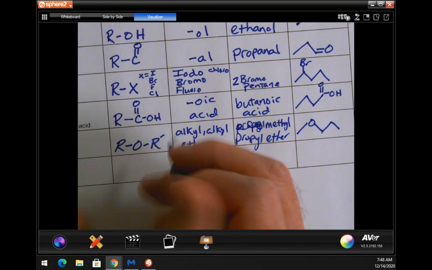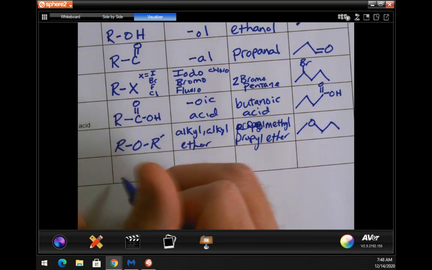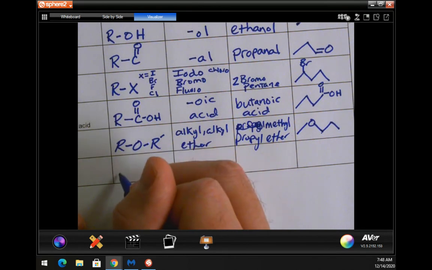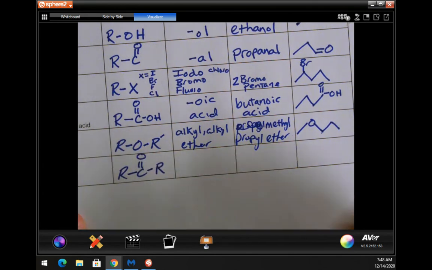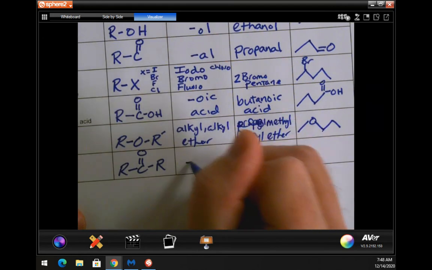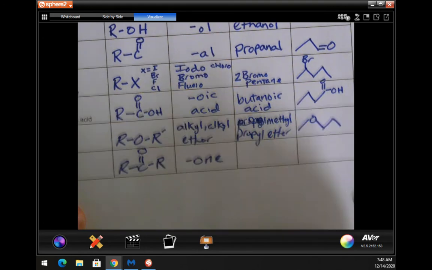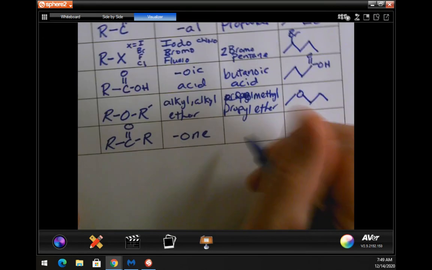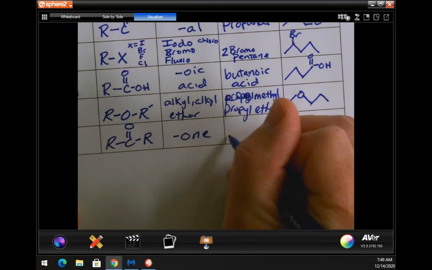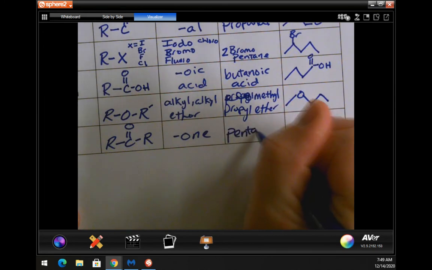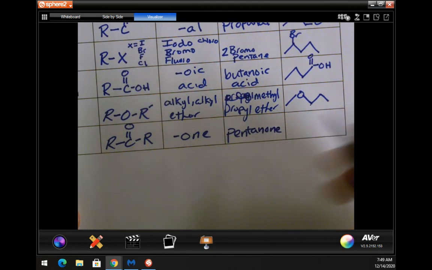And then the last one would be our ketone. It ends with ONE. So like pentanone.